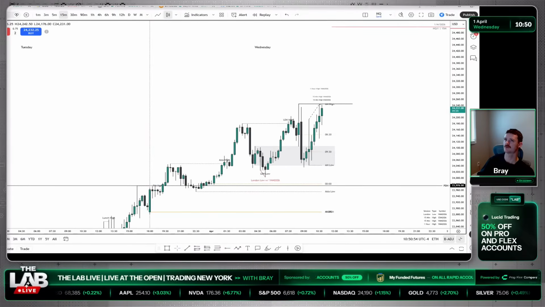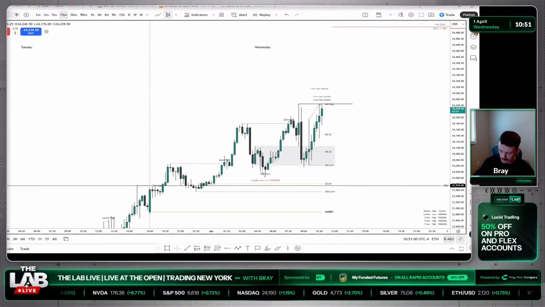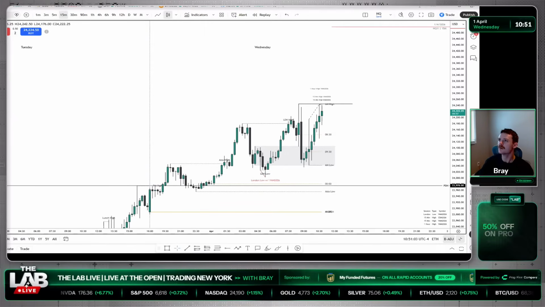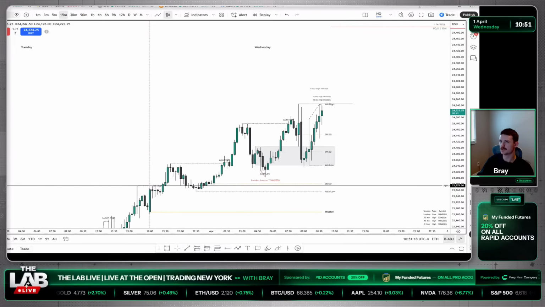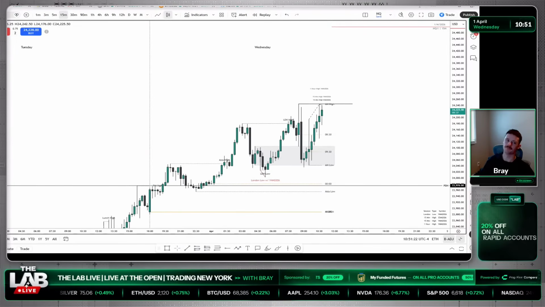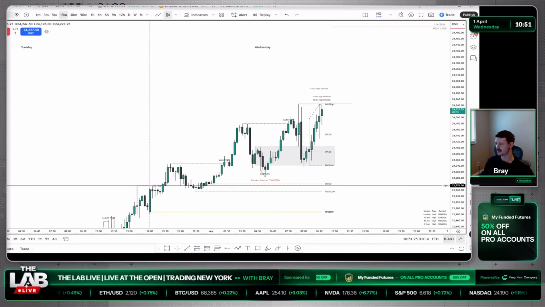It's a yellow book, and it's a great book. Mastering the Mental Game of Trading is good, by Stephen Goldstein.